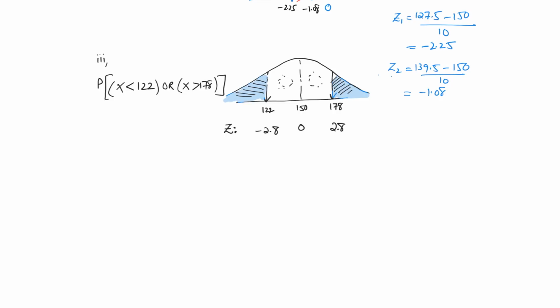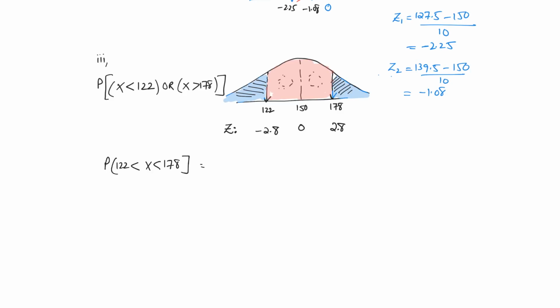So what you can do is first find the probability of this region, and then you can subtract the answer from 1 to get the blue shaded region. One way is this. So first find the probability of x greater than 122 and less than 178.